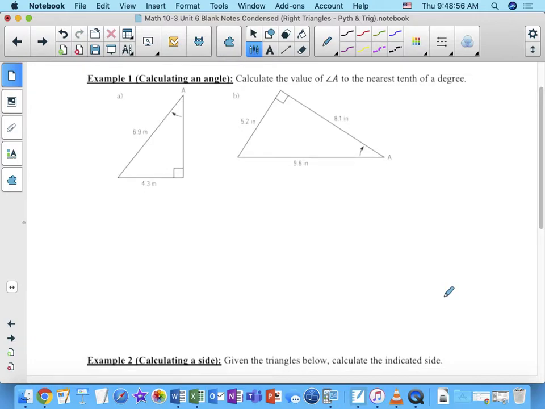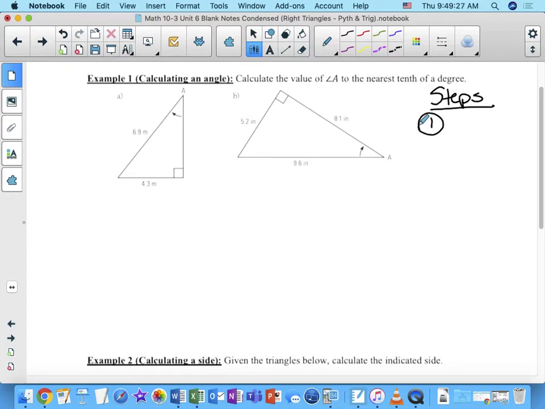Okay. Now, whether you're calculating a side or an angle, the process is the same. The first, so I'm going to write the steps over here. And this first step, I know I harped on it when we were talking about Pythagoras. Some of you guys can get away with not doing this when you're using the Pythagorean theorem.